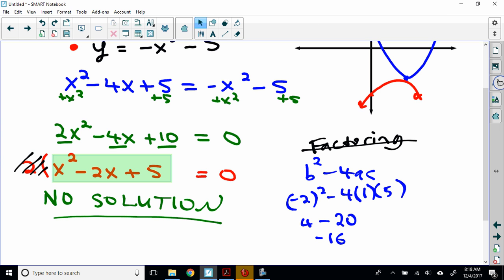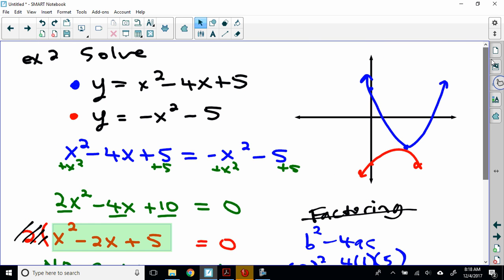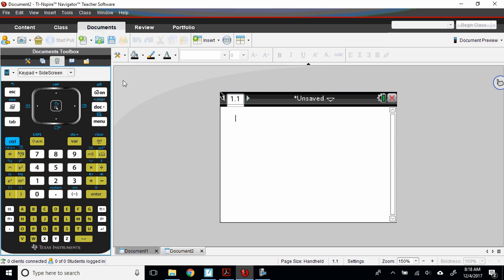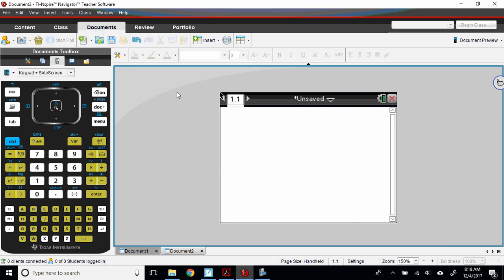Now, somebody mentioned let's graph it, and let's graph it. Let's just confirm this on the calculator. So we got x squared minus 4x plus 5. And I want to graph that.